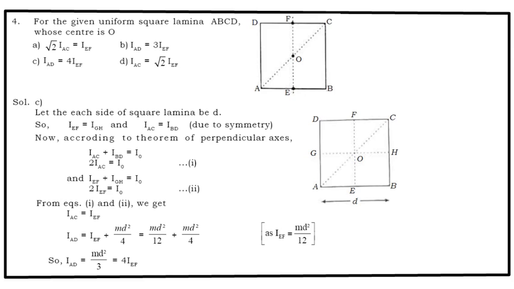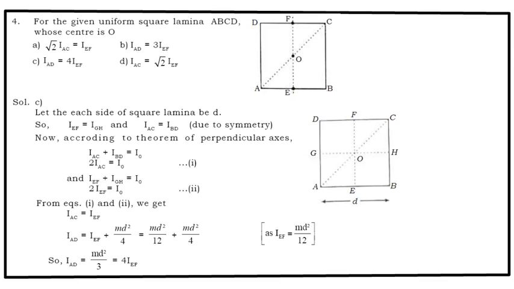Remember one thing very clearly: if you have any axis in the plane of the lamina, the moments of inertia about those axes would be the same. So I_AC is equal to I_EF. Now I_AD is about one of the sides, equal to I_EF plus m into (d by 2) the whole square, since the distance between AD and EF is d by 2.